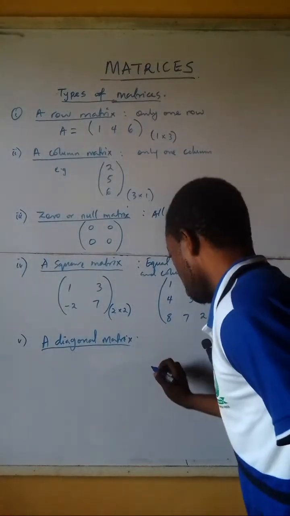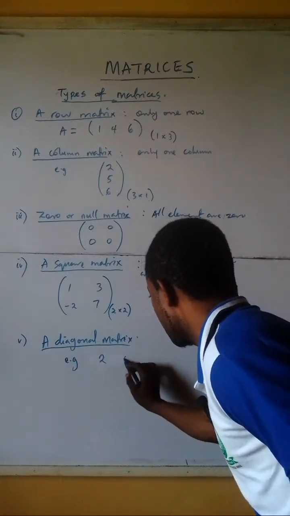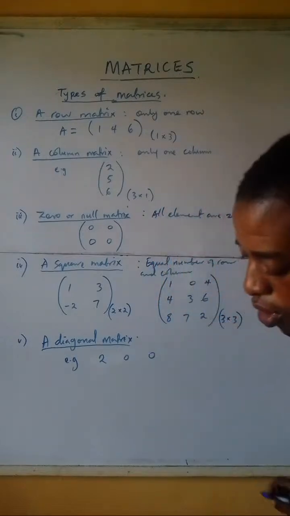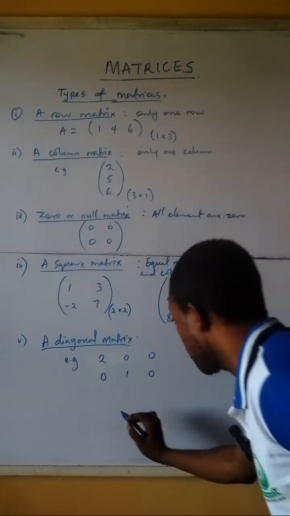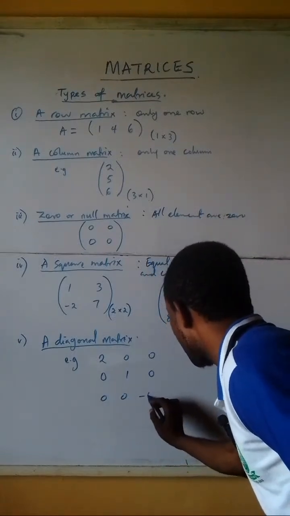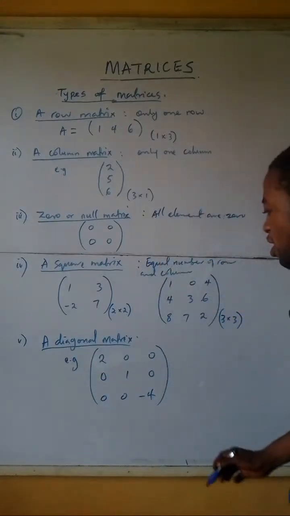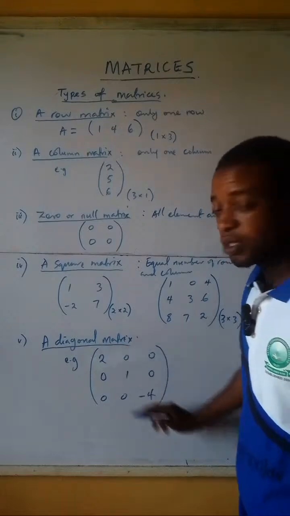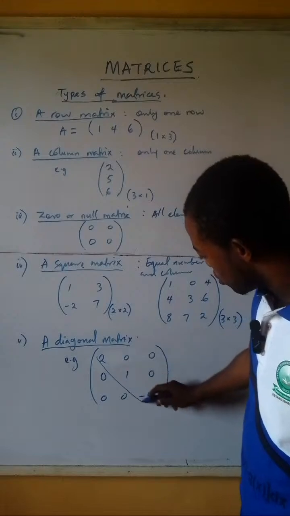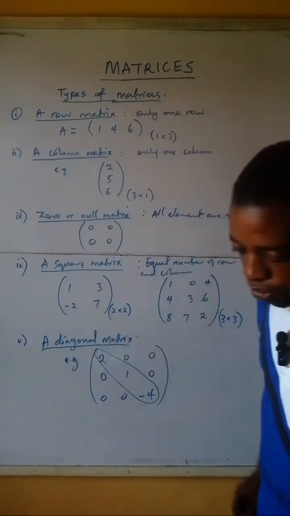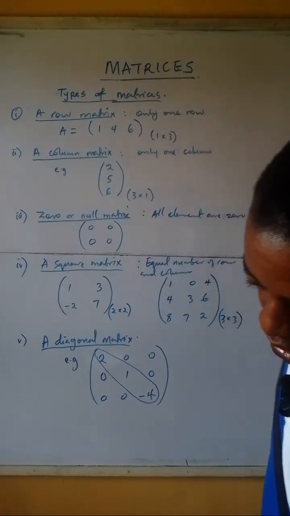For instance, we have this matrix 2, 0, 0, then 0, 1, 0, then 0, 0, minus 4. Here, this matrix is a diagonal matrix because the only numbers we have are in the leading diagonal. All other numbers there are zeros. So we call this type of matrix a diagonal matrix.